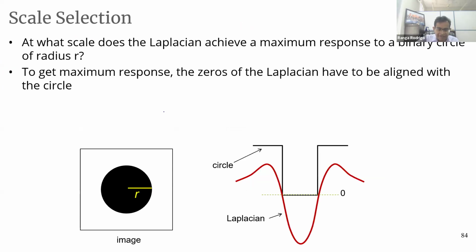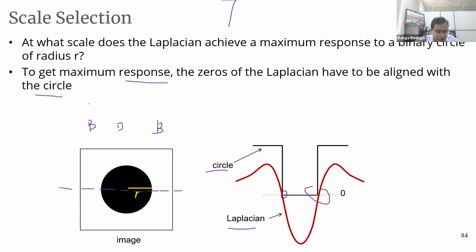Okay. So now, to get the maximum response, the zeros of the Laplacian have to be aligned with the circle. You can see in the Laplacian, in the red, one zero crossing is here, another zero crossing there. So you can see the image of the circle. Now if you take a cross section of that, you will get a bright to dark to bright transition, right?